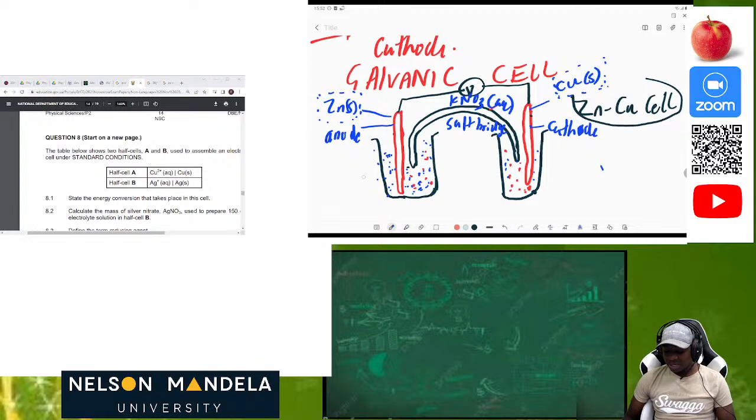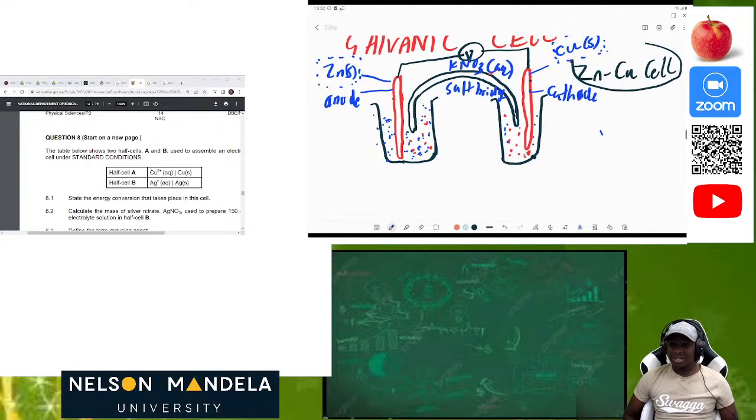For instance, on our galvanic cell, the anode is having the zinc. Since the zinc is on the anode, it is going under oxidation. So when we're writing the half reaction of zinc, it's going to be Zn in the solid state, which produces Zn2+ plus 2e-, which is 2 electrons.